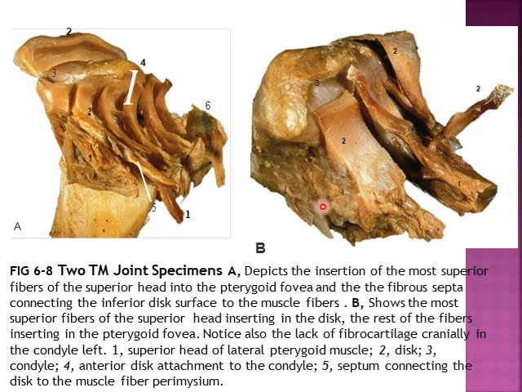But in figure B, a small percentage showed that the superior filament of the superior head of the lateral pterygoid muscle is inserted into the disc. So this is a minimum percentage and a light attachment.